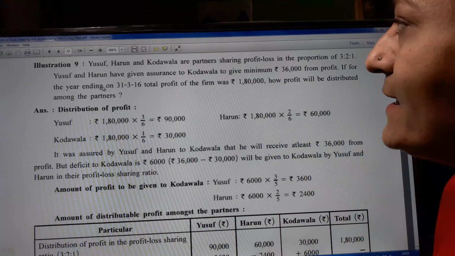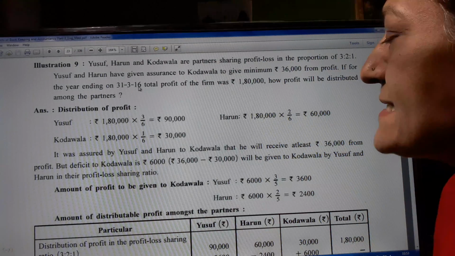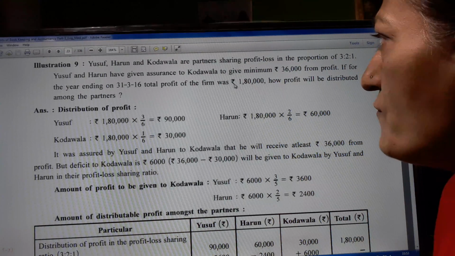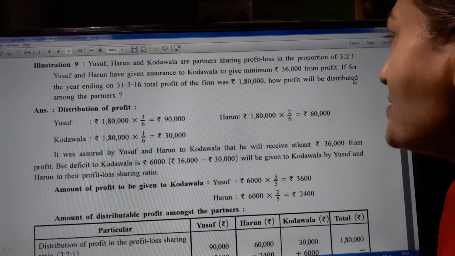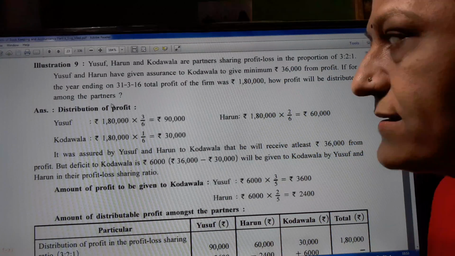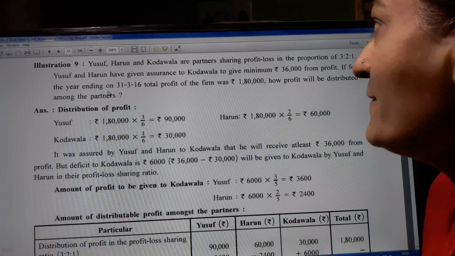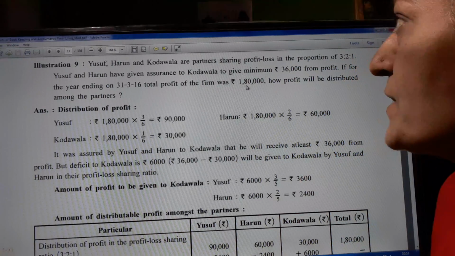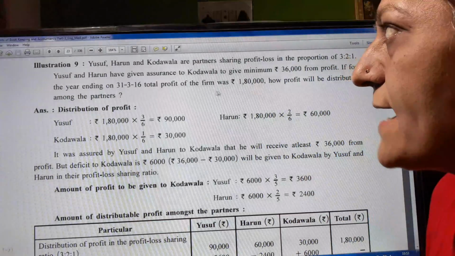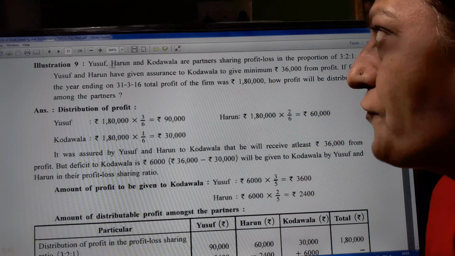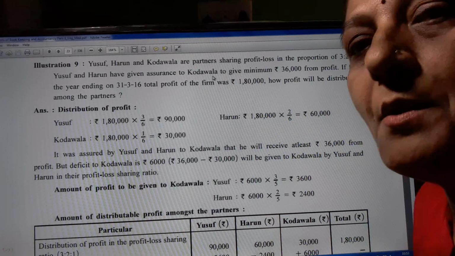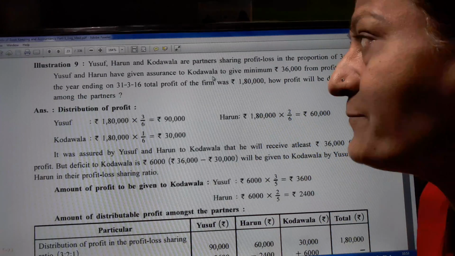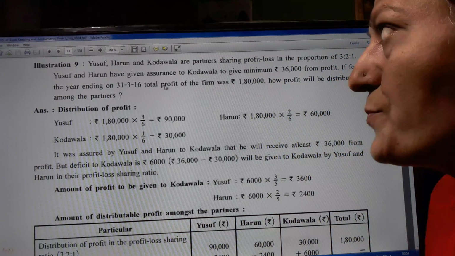If for the year ending 31st March 2016, the total profit of the firm was rupees 1,80,000, how will profit be distributed among the partners? Here two things are given. First is the year ending profit, and second, that Yusuf and Harun gave the assurance to Kodawala that he will get a minimum amount of 36,000 from the profit.